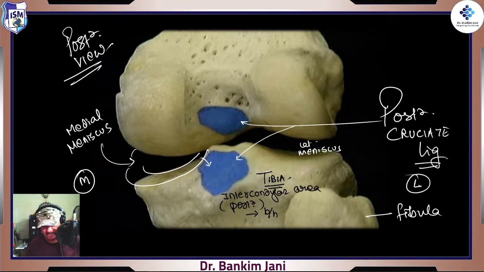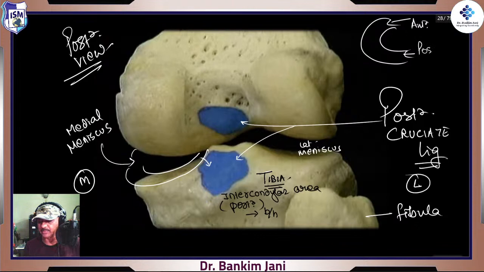But then medial meniscus would object. Medial meniscus would say, am I a small thing? Medial meniscus would say, I am like this. So this is what and this is what. It will say, don't they look like horn? This is anterior horn because it would be on the opposite side. We are watching it from the posterior. And this one would be the posterior horn.